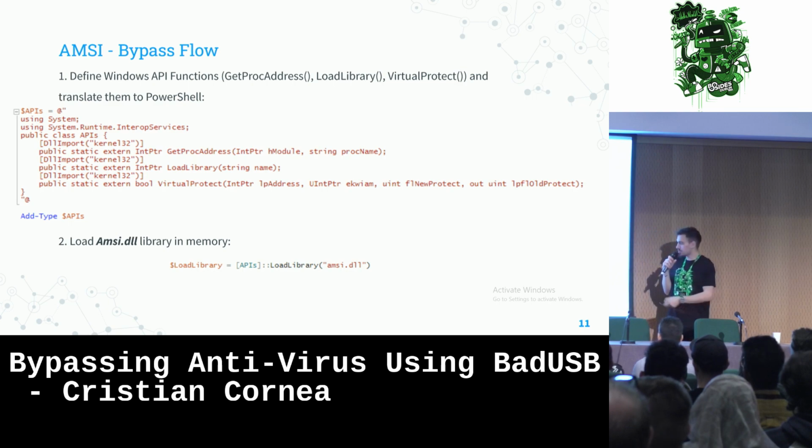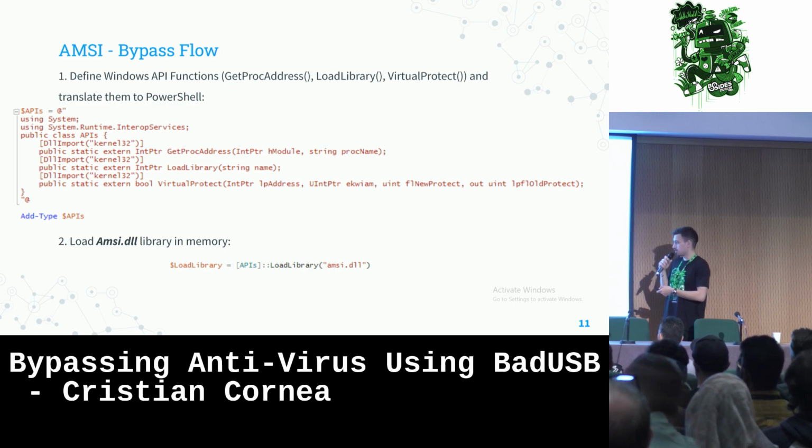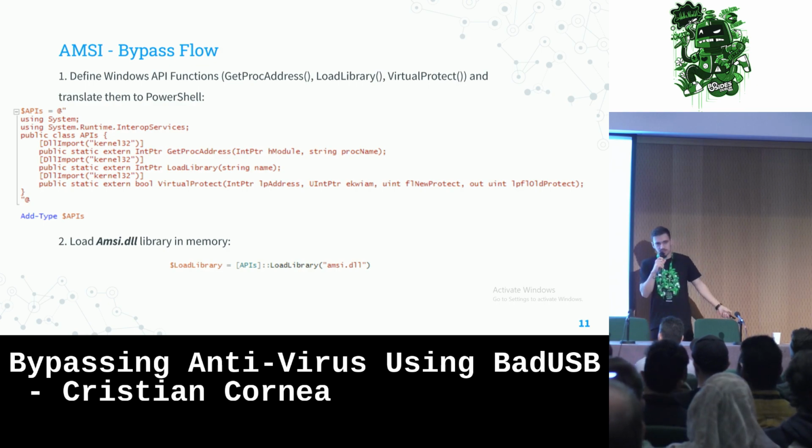It's a function that allows us to translate C-type code into PowerShell. And here we define three native functions within Windows: GetProcAddress, LoadLibrary, and VirtualProtect. You may assume that we'll use those functions within our AMSI bypass.